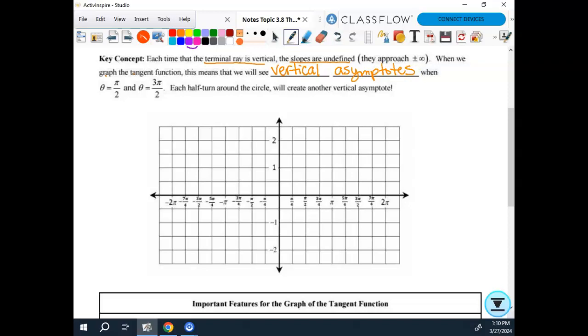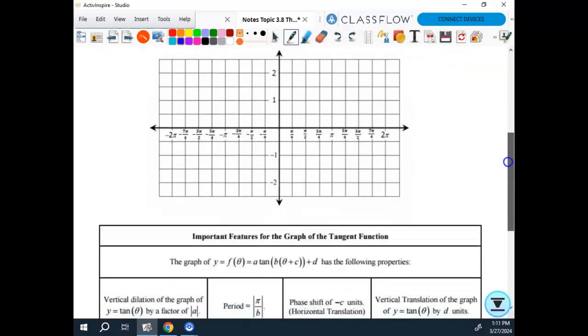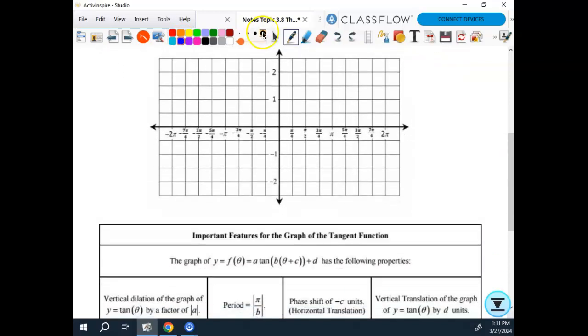All right. So with all that knowledge there, we're going to create our tangent graph based on what we know about tangent. So let's just plot some points here. What is the tangent of 0? 0.